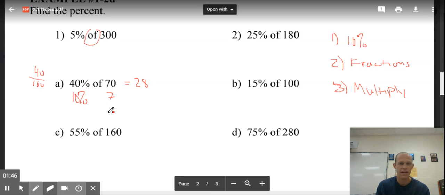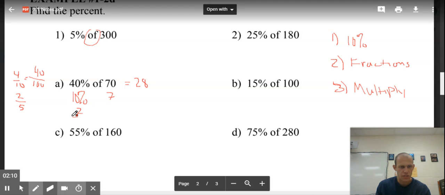The other way, fractions. 40 out of 100 is just like 4 out of 10 if I divide both numerator and denominator by 10. And that is just like 2 out of 5. So what is 2/5 of 70? It's a little bit more difficult to do it like that, but we can.